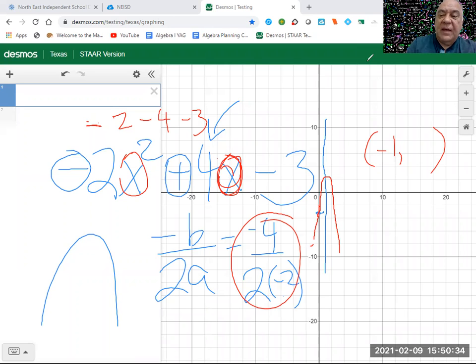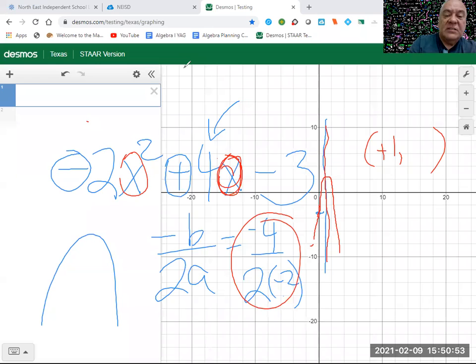Even though I wrote down -1, that should be +1. We know that because -4 over -4 is +1. Okay, so you put in +1, get rid of these numbers here.